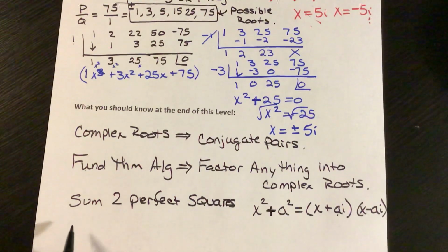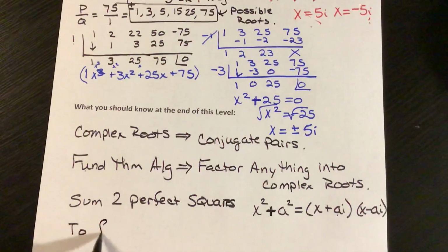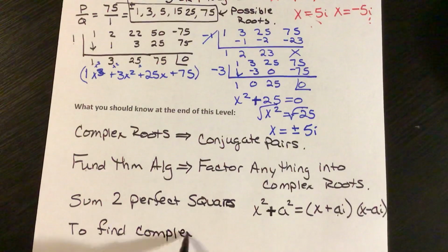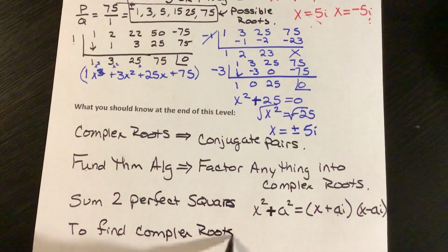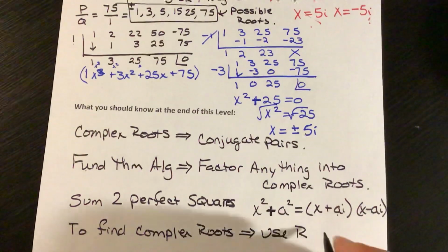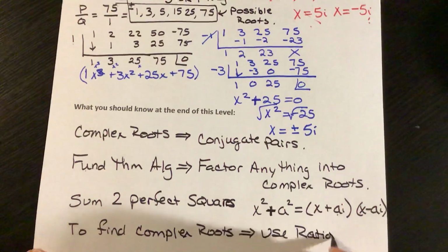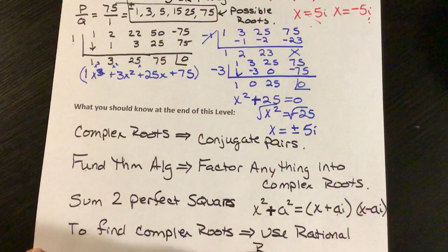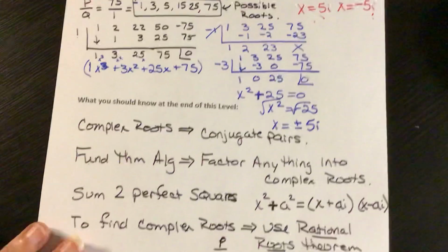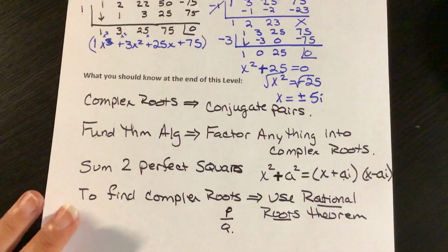And to find complex roots, use the rational roots theorem. Okay, the rational roots, we think of a rational, and this is the P's and the Q's. And that's going to help us find the rational roots.